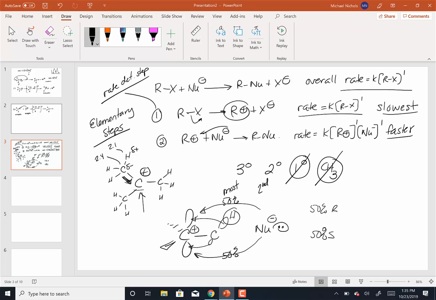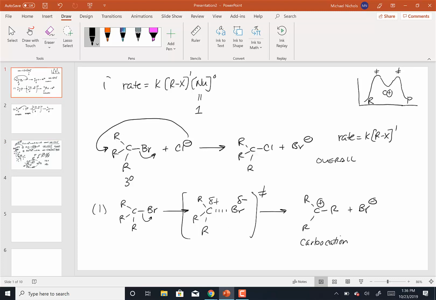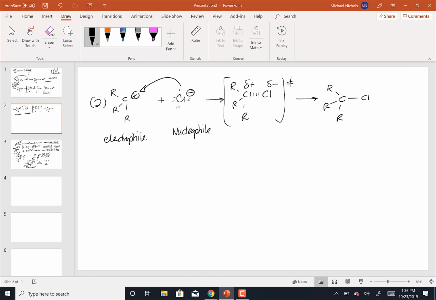So those are the 3 characteristics then. Now what's the 4th characteristic? So do you mind repeating again what the 3 were? The 3 were: number 1 is the rate equation. Number 2 is the mechanism, which is 1 step, then the 2nd step.